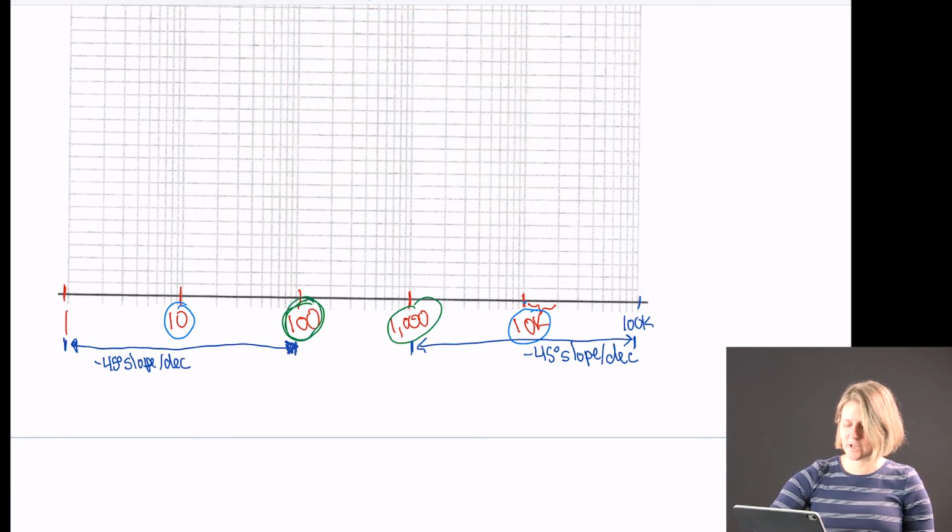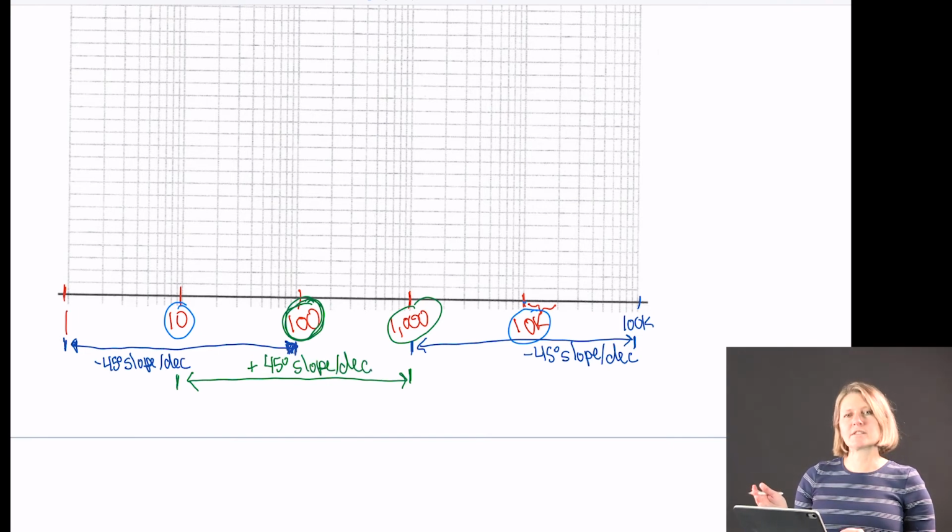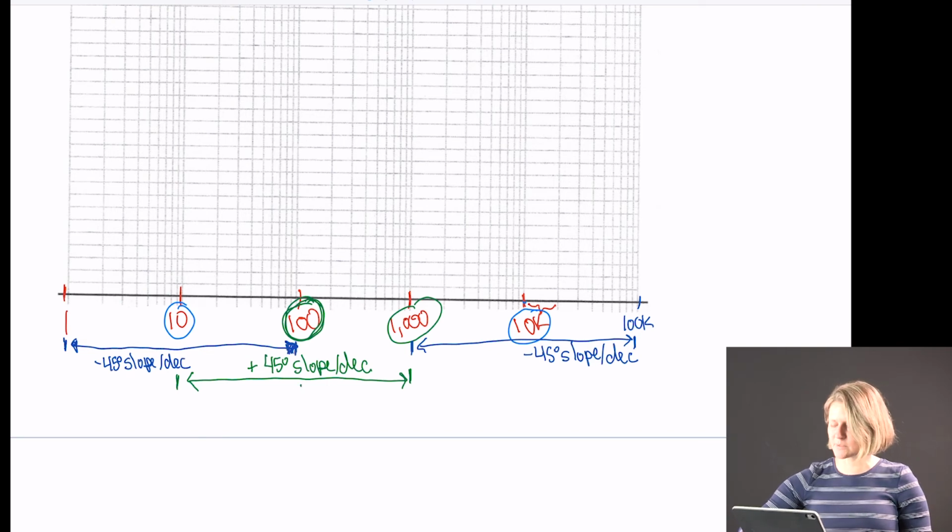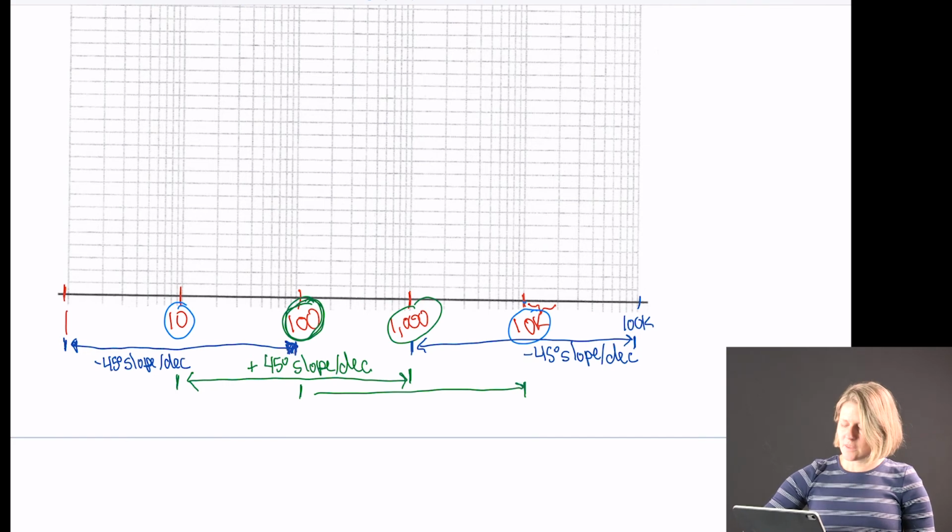So for 100, the range is from 10 to 1,000. And that change is the zero, which is a plus 45 degree slope per decade. And 1 decade before 1,000, divide 1,000 by 10 gives me 100. Multiply 1,000 by 10 gives me 10,000. That range also has a plus 45 degree slope per decade.